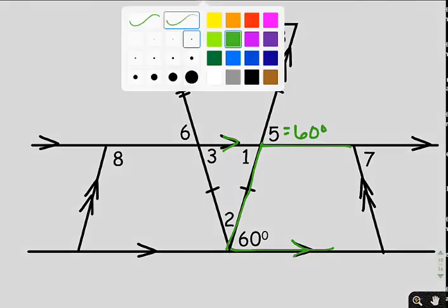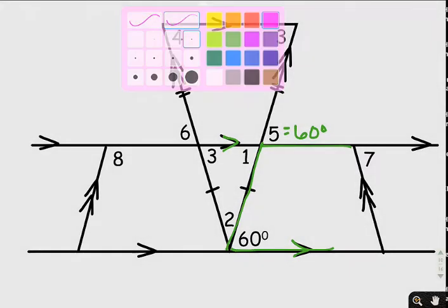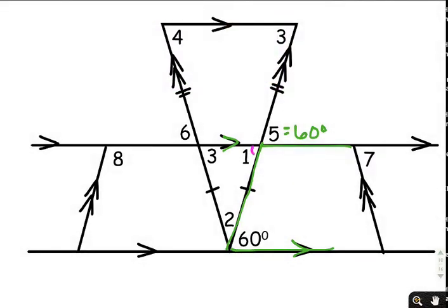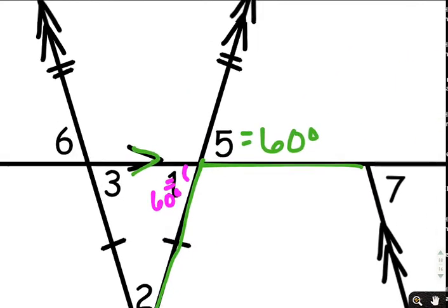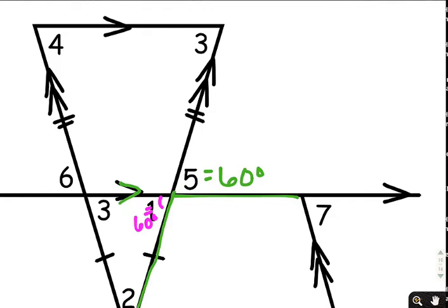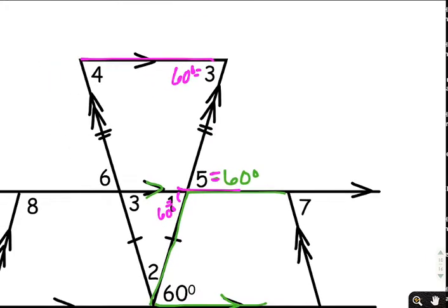So that leads me to a lot of interesting revelations. First of all, I have a vertical angle at 1, so that's got to equal 60 degrees. Okay. But also, I have another parallel line here, so this 60 has to equal angle 3 as well, so that's 60. Well, look at that.